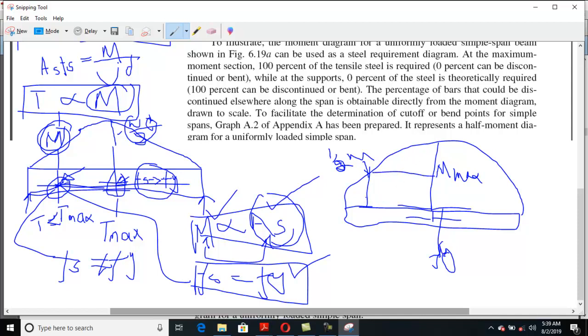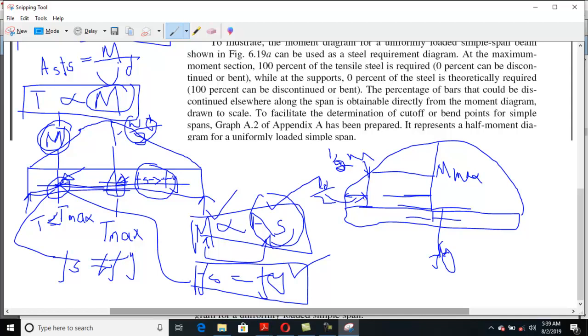So at this point the bar needs to have 100% development length. As the moment gets reduced, beyond this point one can say the development length must equal L by 2, because the moment gets reduced to 50%.